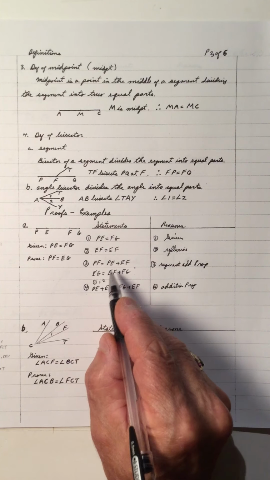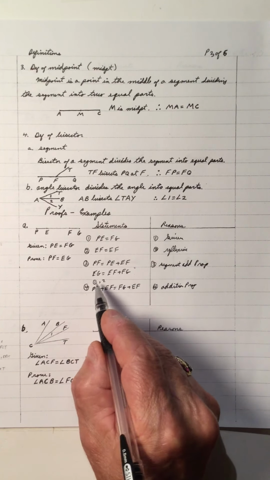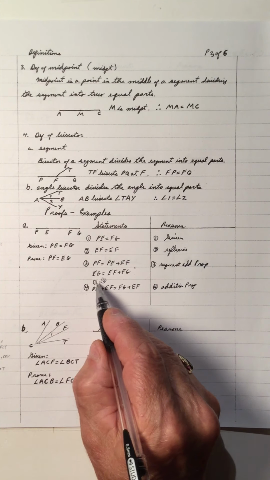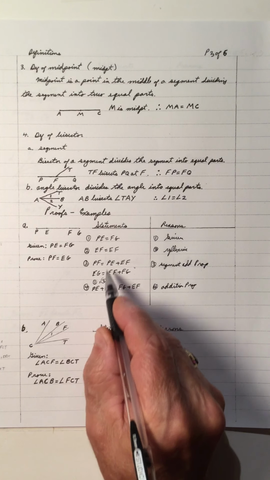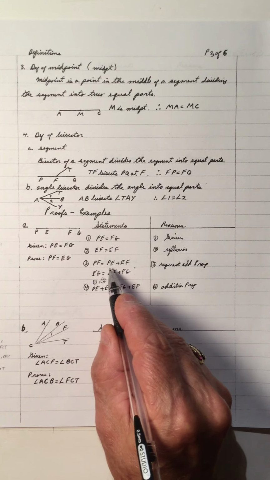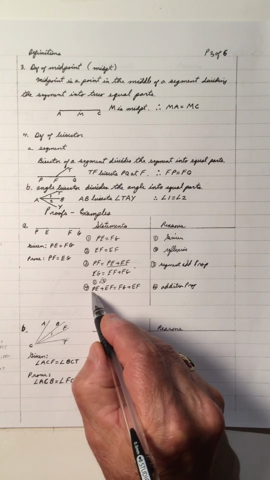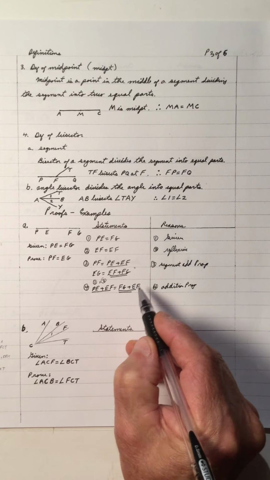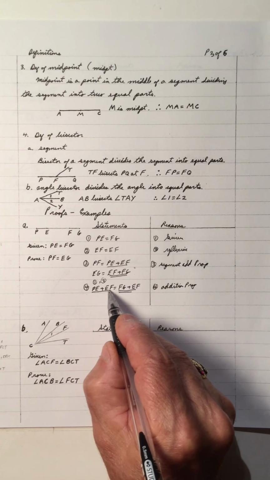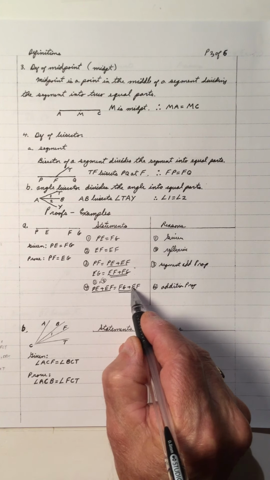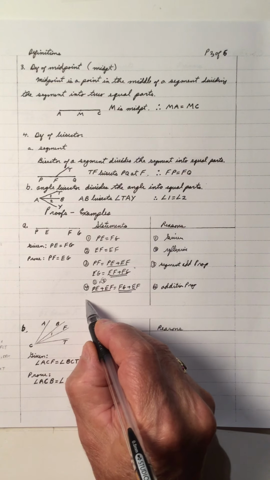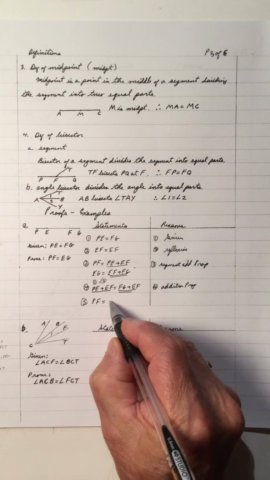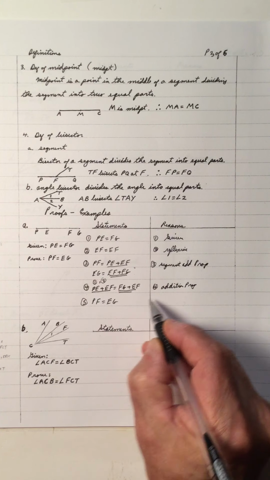And notice that I said 1 and 2, so in 1 and 2 I added them together. So I indicated that here. If you add these together, notice that right here they're the same, and they're the same. So if these two add together to give you these two, that means that PF is equal to EG.